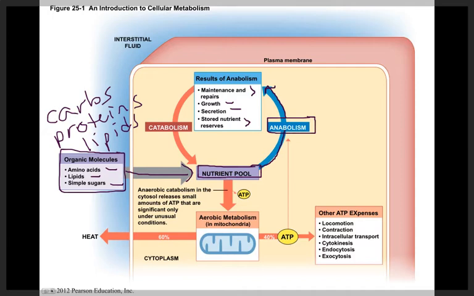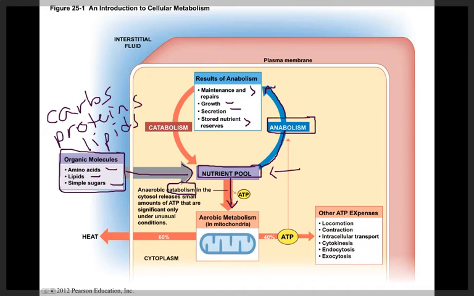The other thing that can occur with the nutrient pool is called catabolism. Catabolism is when we take these nutrients like amino acids, lipids, and simple sugars and break them down into even smaller substances.